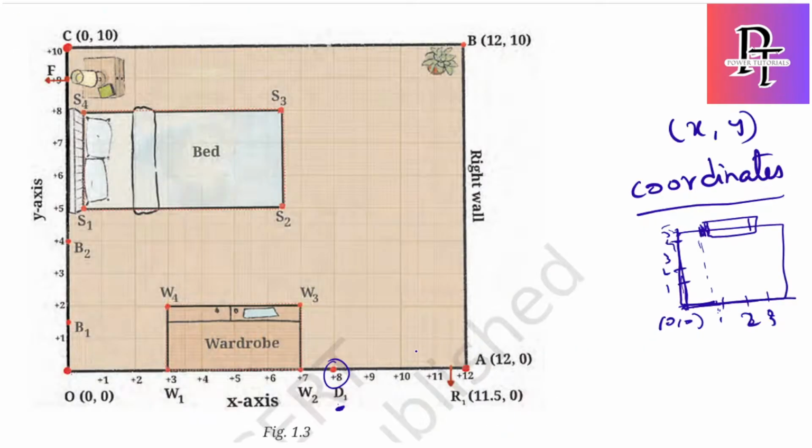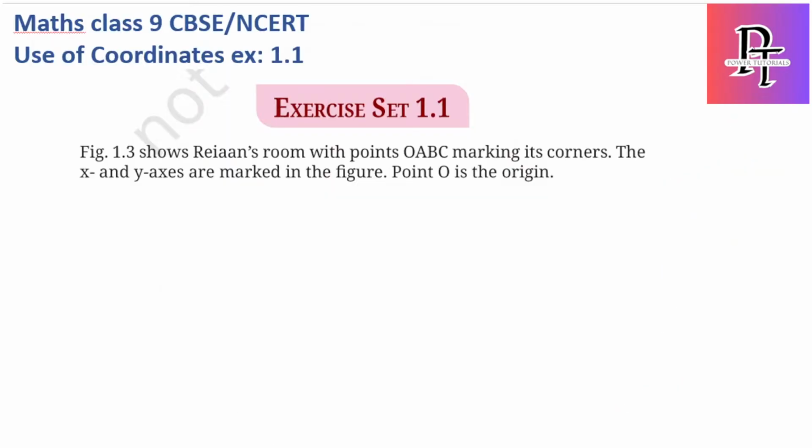There is no distance. If suppose there is some gap and then the door is present, then this gap will be the distance from the x-axis. But for this question, the door itself is on the x-axis, there is no distance. If I ask what is the distance from the x-axis of the bed, then it is 5 units.